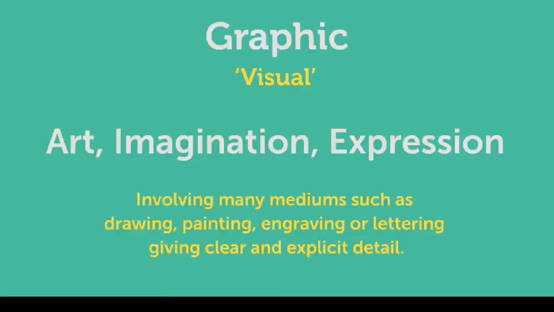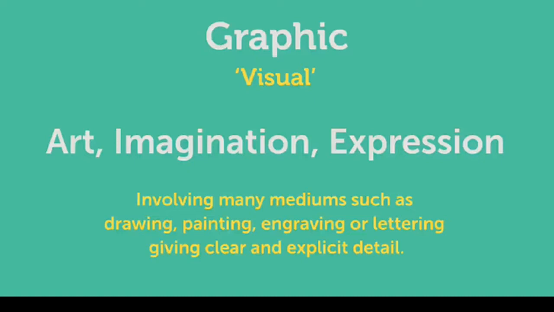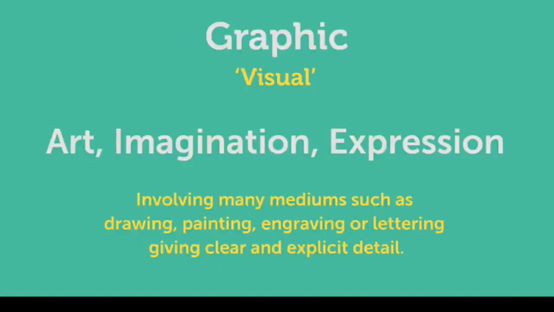Graphics itself means visual, and the components of this visual are the art, imagination, and expression. This involves many mediums such as drawing, painting, engraving, lettering, which is the typography aspect, giving clear and explicit details of what you are doing.